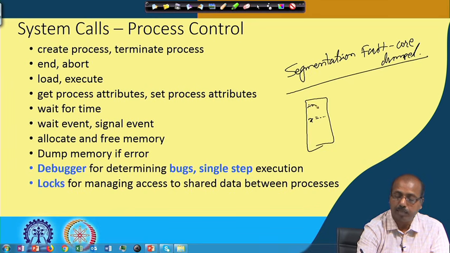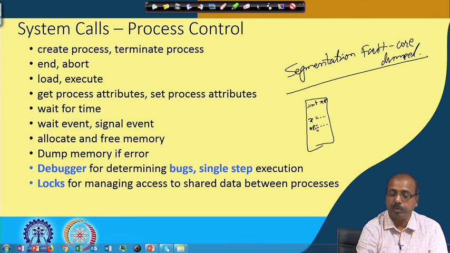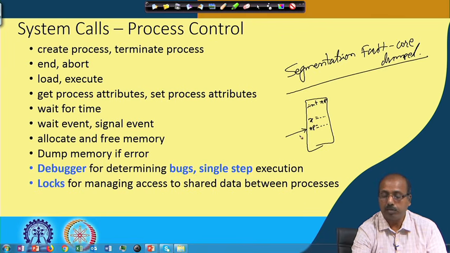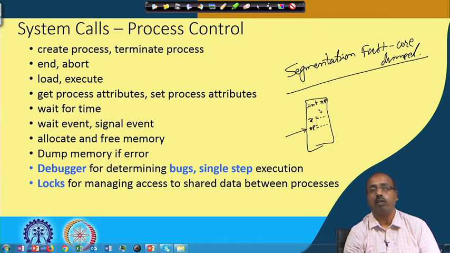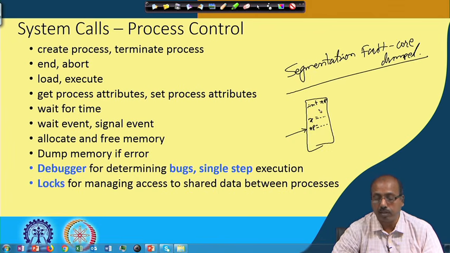If I have got a pointer p and I write star p equal to something, and unless this p is properly initialized, when this operation is executed there is a very high chance that the current value of p, that is the address of the location that should be modified, is not within the valid address range for this particular process. So, this is a segmentation fault. It is trying to access some location which is beyond the segment that is available for this program.